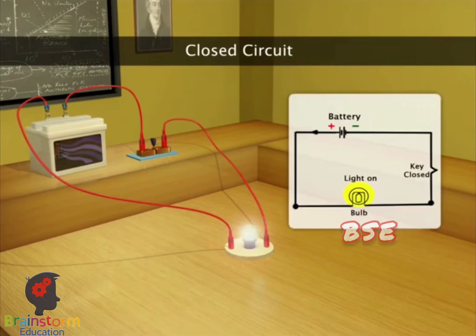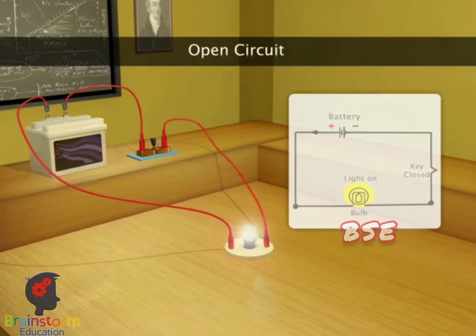Let us close the key. The bulb lights up. The circuit is called closed when the connections are made properly, so that the current flows through the connecting wire and the bulb. Let us open the key. The bulb is switched off. The circuit is called opened or broken when the wires are disconnected.